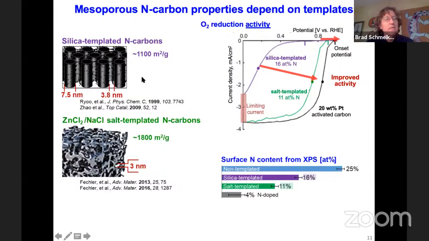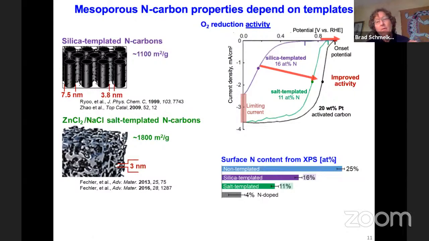the nitrogen part again is the crucial one. With the zinc chloride salts, we get somewhat higher surface areas, 1,800 meters squared per gram, about the same pore sizes. And if we look down at the center, from XPS, which tells us about the surface nitrogen composition, we see that the silica templated, here in purple, has approximately 16% nitrogen, the salt templated about 11%, and these are substantially higher than what I had mentioned previously were the typical nitrogen loadings.